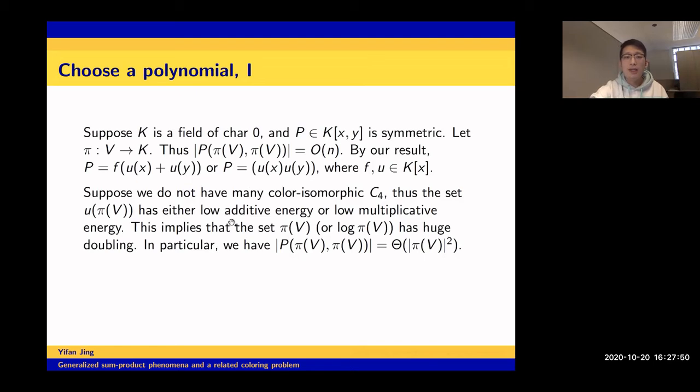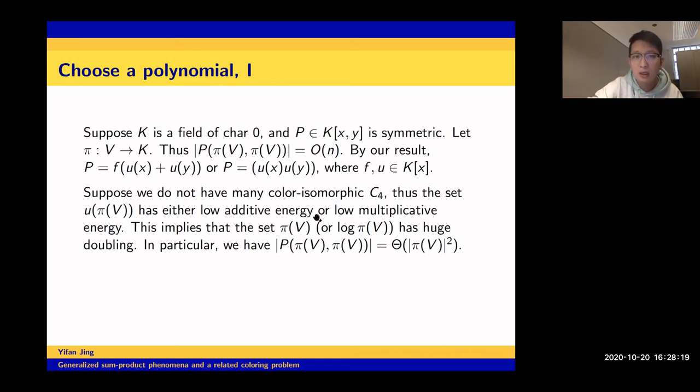That means the image of the vertex set should have low additive energy or low multiplicative energy, depending on the structure of P. If P is like this, then it has low additive energy. If P is like that, we have low multiplicative energy. And low additive energy means that this set π(V) has huge doubling.